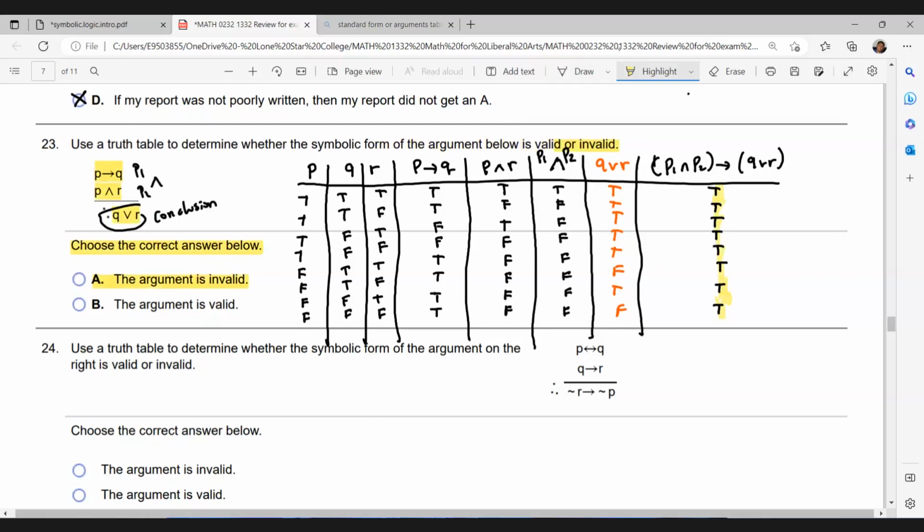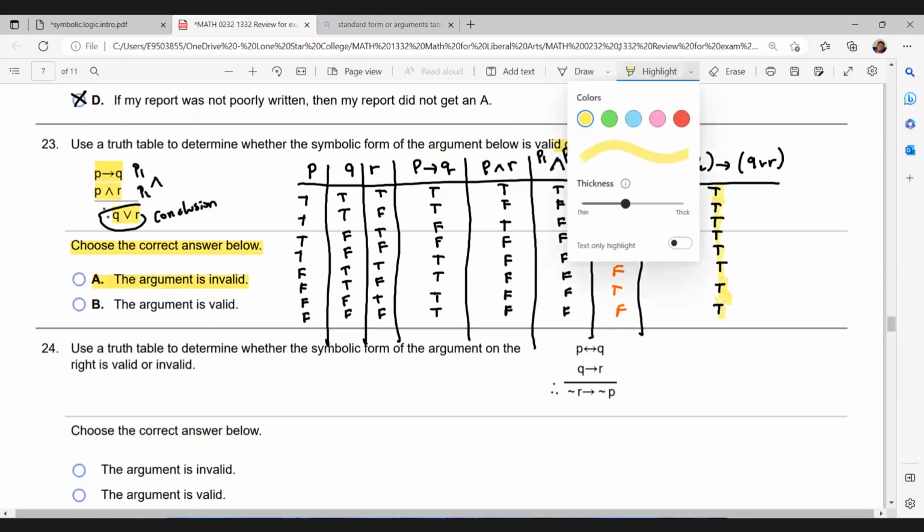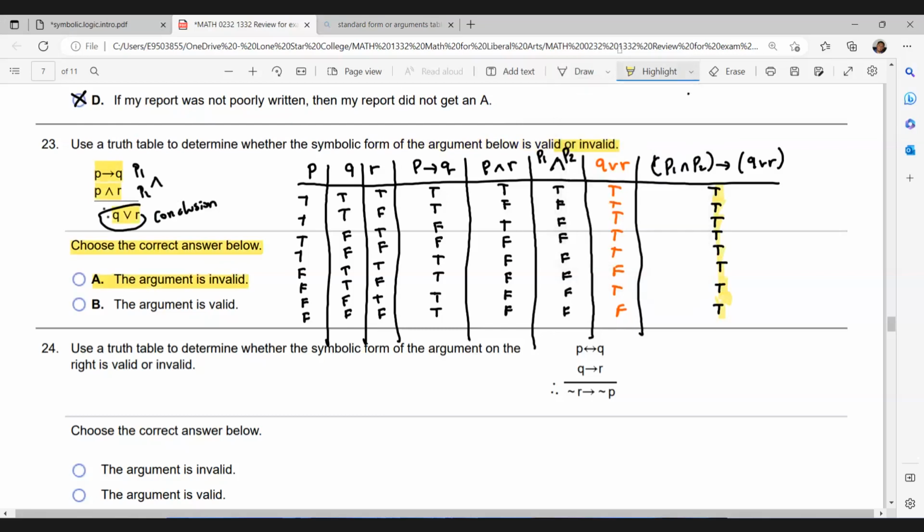Oh, but that's not what I wanted to do. Okay, regardless of what happened there. Oh no, come on. Okay, regardless of what happened here, what I'm looking for is the fact that this very last part here is always true, which makes the argument valid. Okay, so let me try to explain this one more time.